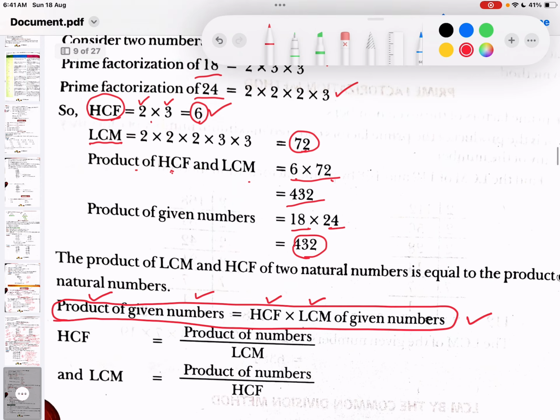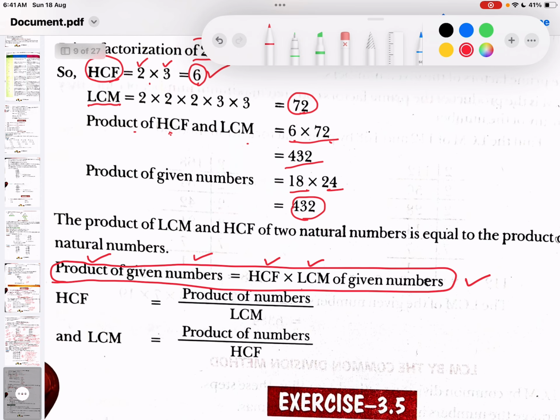Okay, so the product of LCM and HCF of the two natural numbers is equal to the product of the given numbers. So this is the formula, and whenever in a question the HCF, LCM and at least one number is given, the second number can be found from this formula.